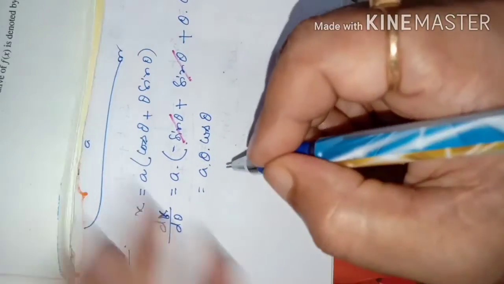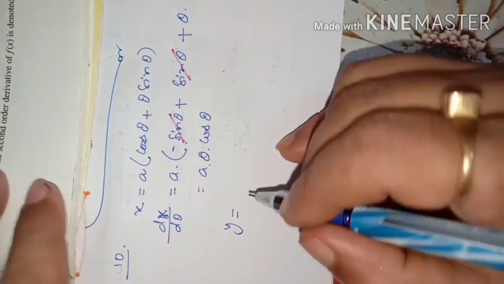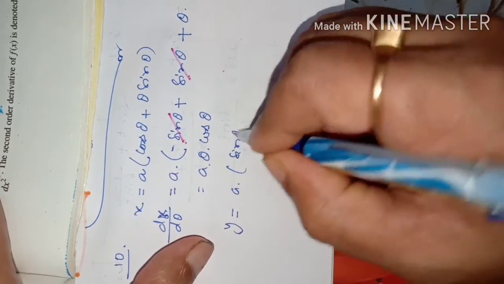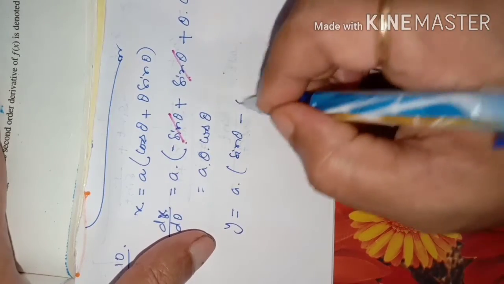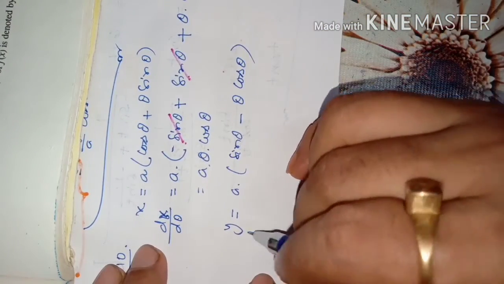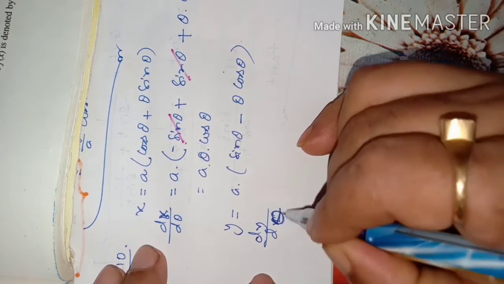A into theta cos theta. Next, y is given as a into sin theta minus theta cos theta. So we need dy by d theta, not dy by dx.